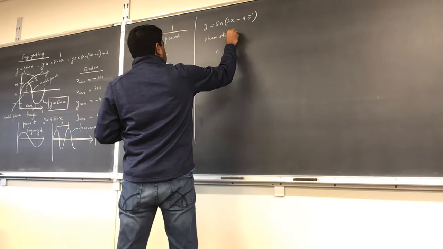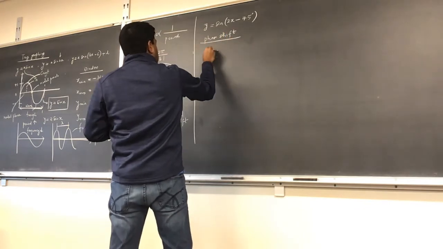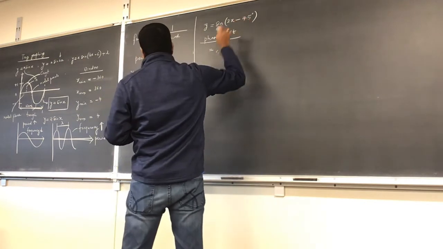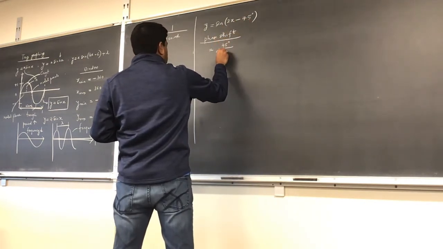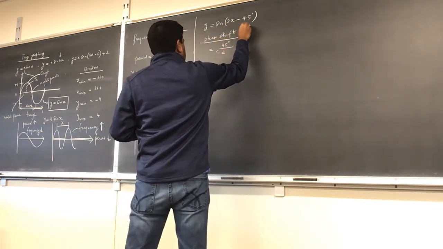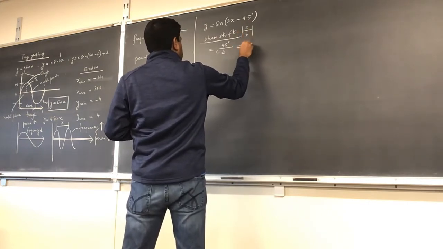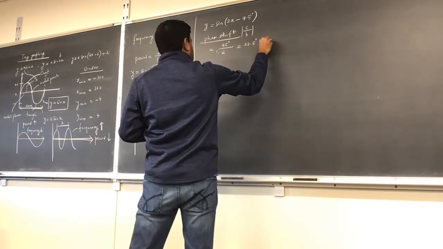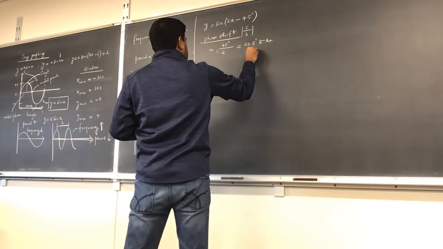And phase shift is calculated as 45 degrees, that's C, divided by B, which is 22.5 degrees to the right, because it's the minus.